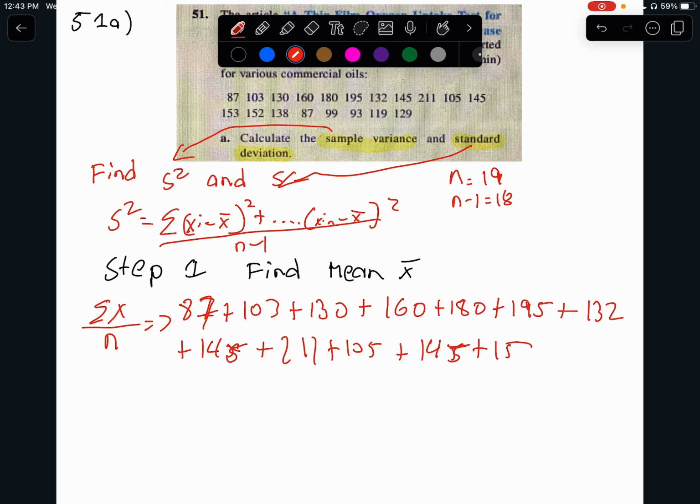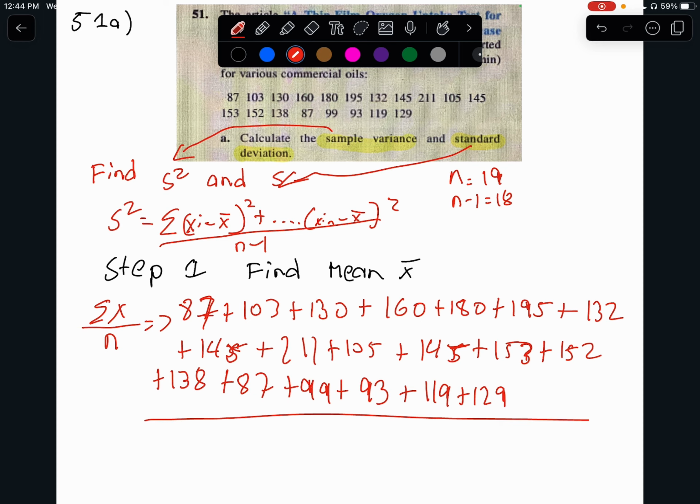plus 153, plus 152, plus 138, plus 87, plus 99, plus 93, plus 119, plus 129.